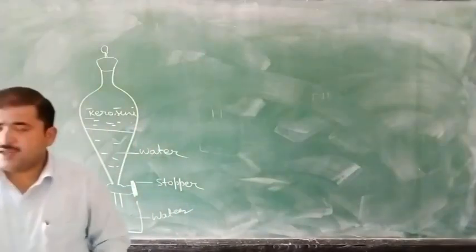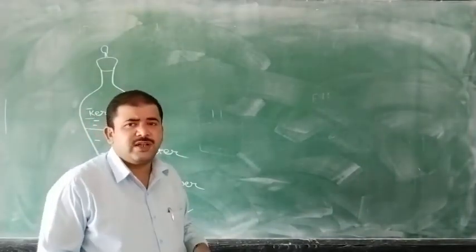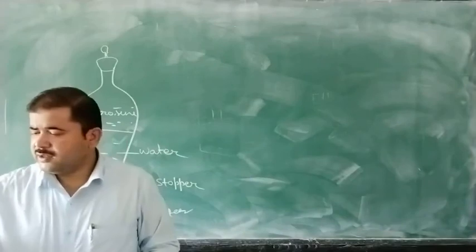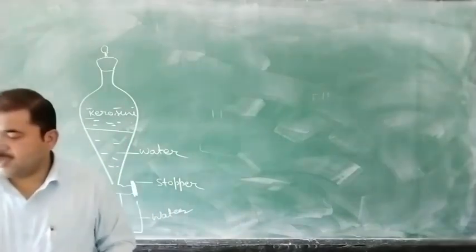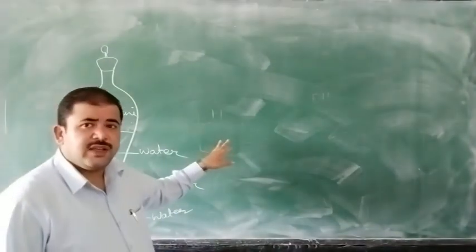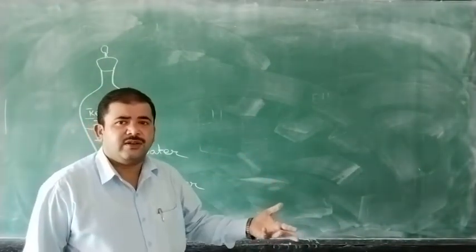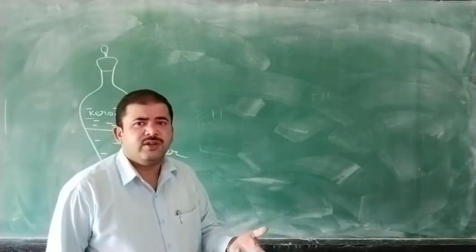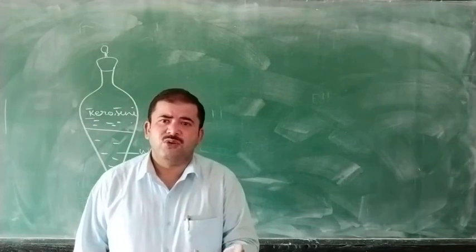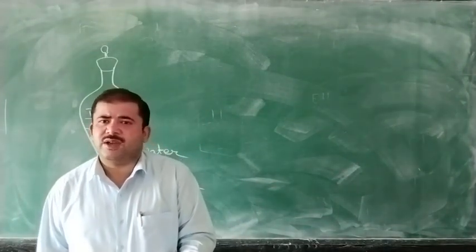The fractional distillation method is also useful for the separation of petrol, diesel, and kerosene from crude oil, petroleum crude oil. We know that different substances are present in it, petrol, diesel, kerosene, so we can separate them by the fractional distillation method.